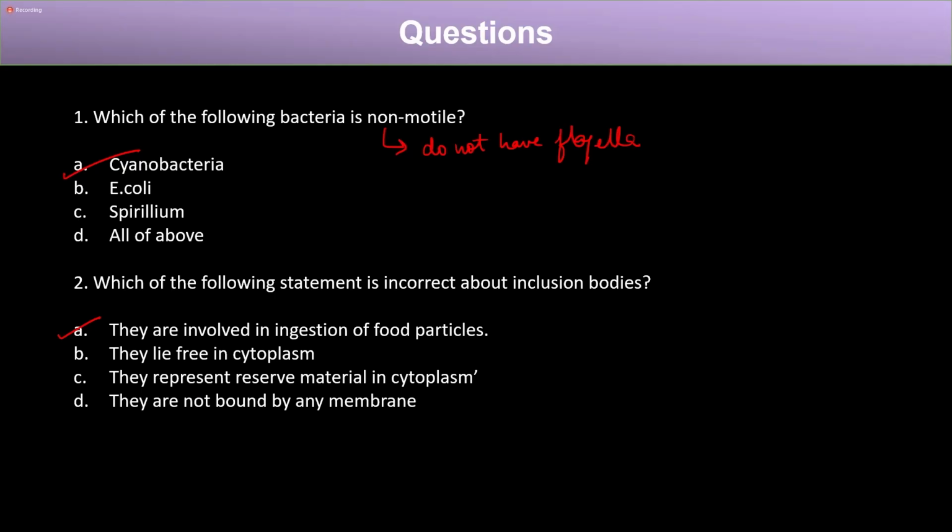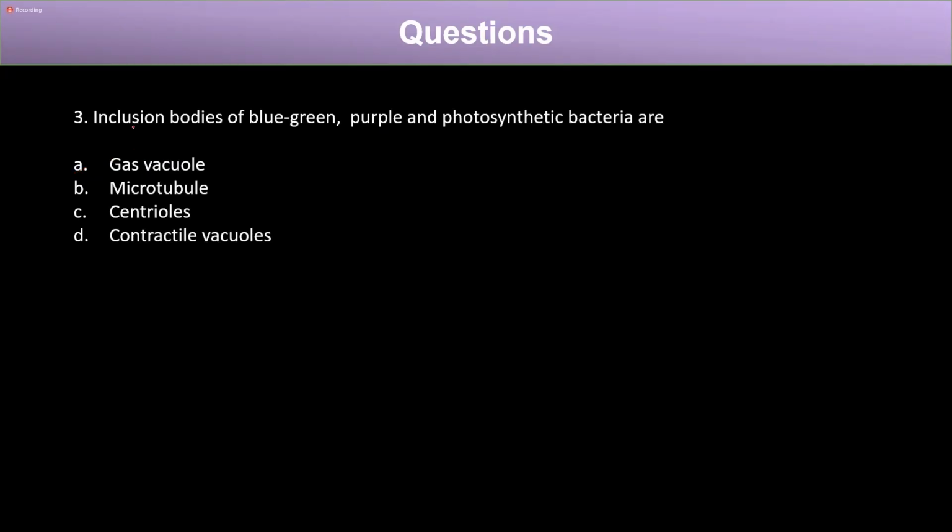Now, third is, the inclusion bodies of blue-green algae, purple, and photosynthetic bacteria are. We just saw what these inclusion bodies are called: gas vacuoles, or pseudo vacuoles.